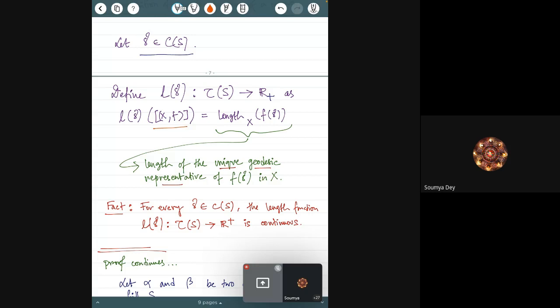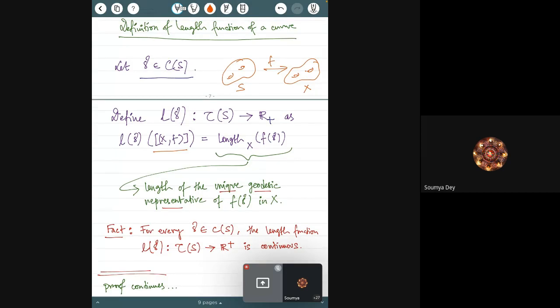You have S here, this is our S, this is our f, and this is our hyperbolic surface. This is the marking f. Now you started with some gamma, say this one. Where will this f of gamma be? It will be somewhere here. This is our f of gamma.